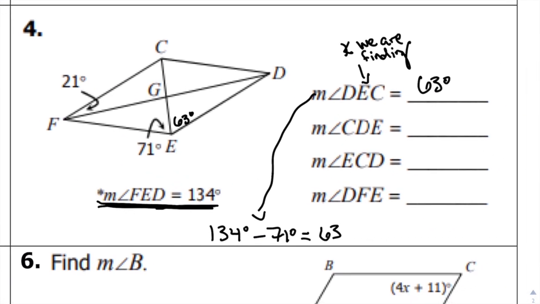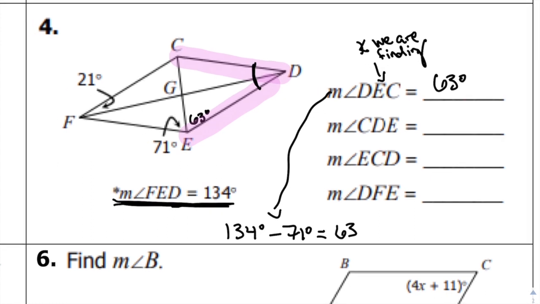Okay. So now let's look at CDE. Let's outline it. C, D, E. Now we're talking about this entire angle here. To do that, we actually need to know this angle, because we know opposite angles are congruent.